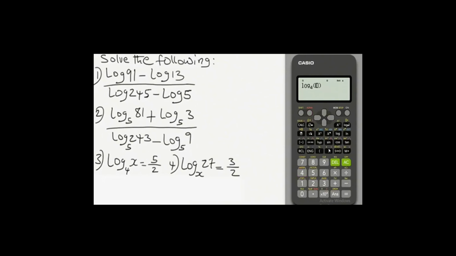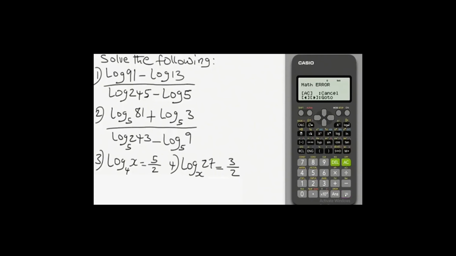We are looking for the value of x. Press alpha and this button, and x will come out. Then to bring out the equality sign, we press alpha and this calc button. In fraction we have 5/2.